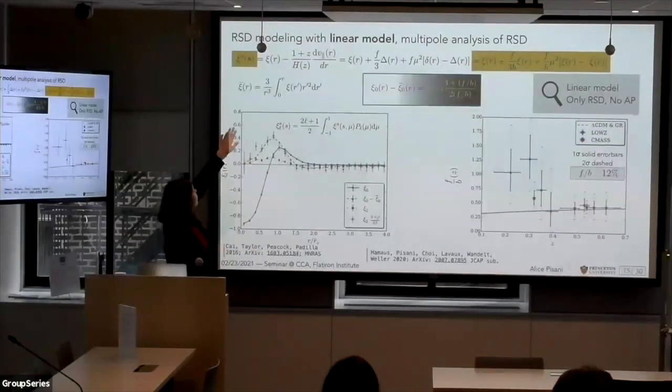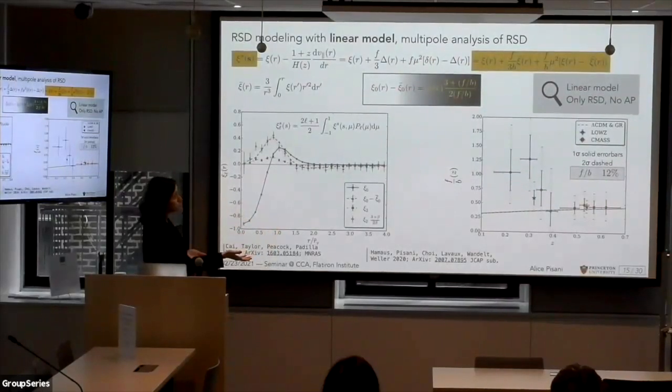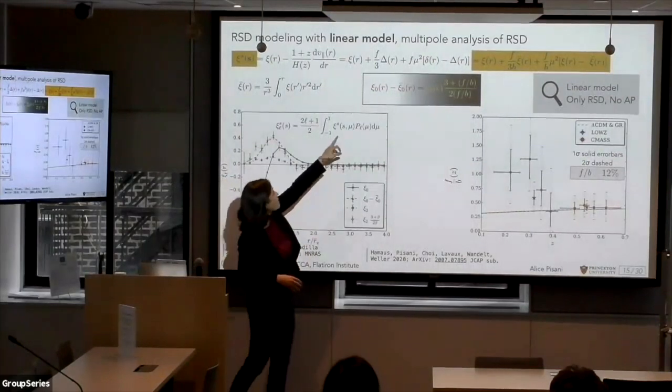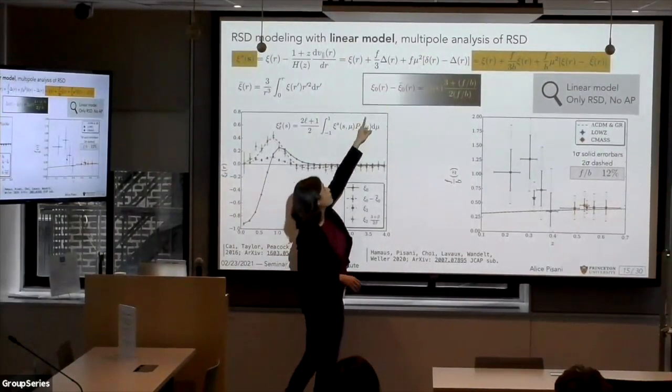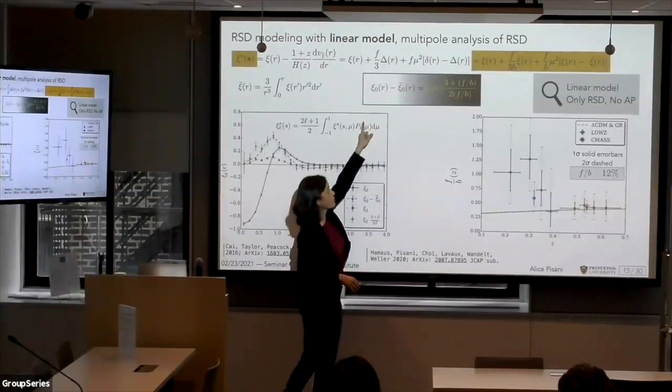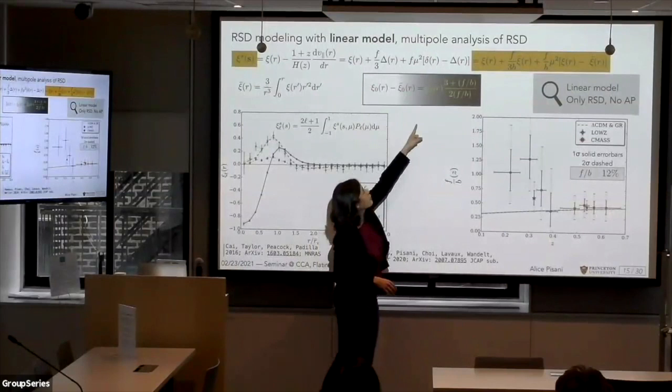But then, a few years later, we tested a different model that is called the linear model. It basically involves developing the void galaxy cross correlation function in a series of multipoles. Now, it turns out that with the linear model, you can have a very nice equation that links quantities that you measure, the monopole of the void galaxy cross correlation function in redshift space, and the quadrupole.